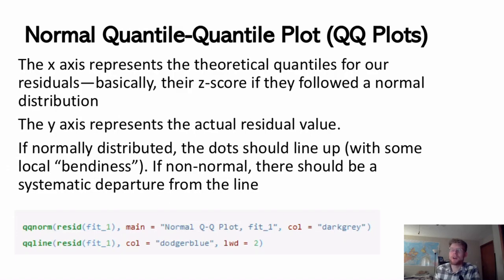Now, it's perfectly normal to see a little bit of local bendiness in a QQ plot. That's okay. What we're concerned about is when we see a systematic divergence from that line, especially some trailing off on one end or the other, that tells us that there might be something suspect with our normality assumption.